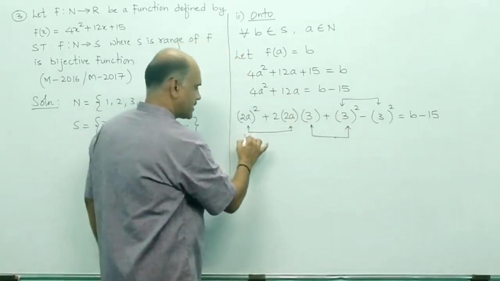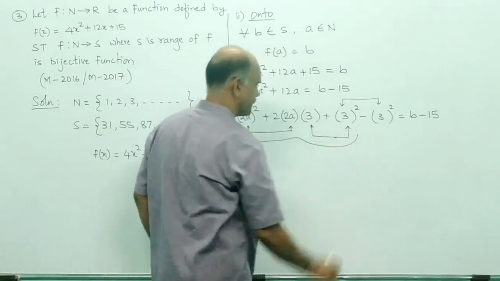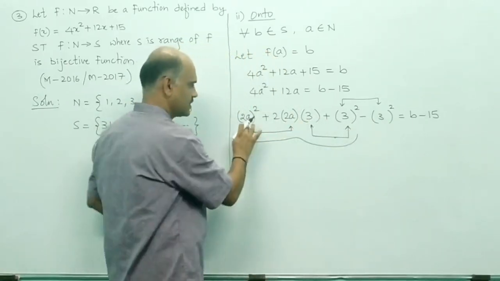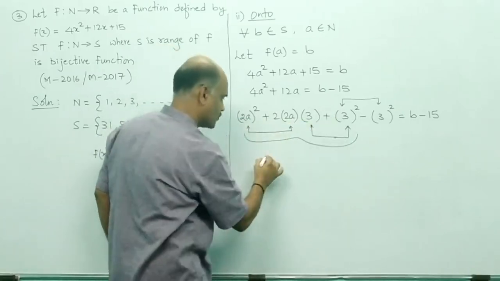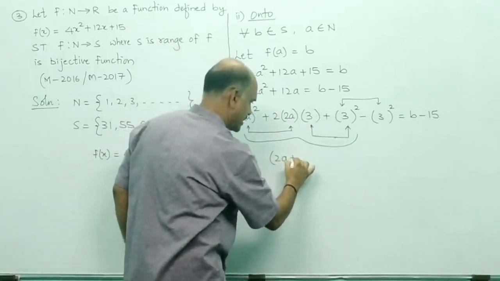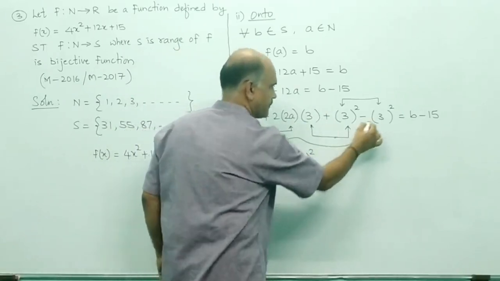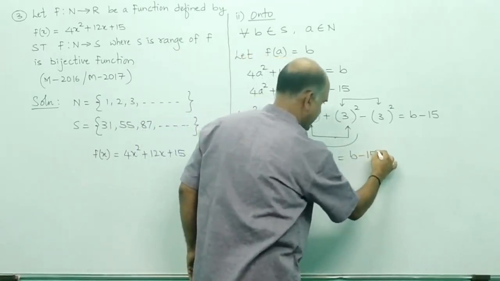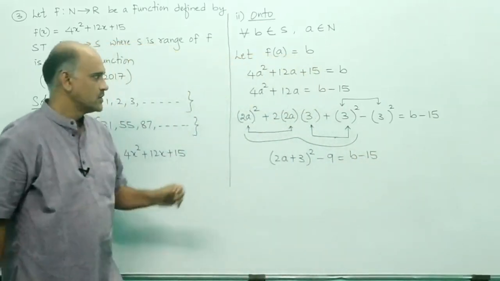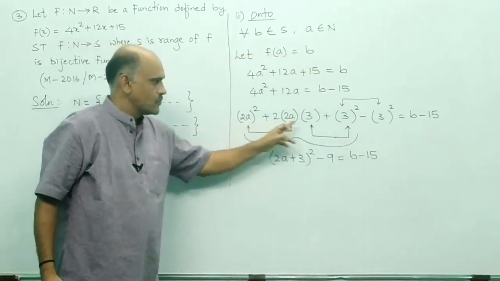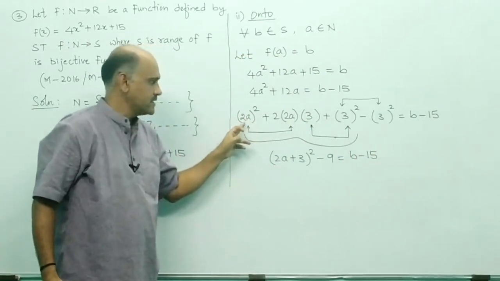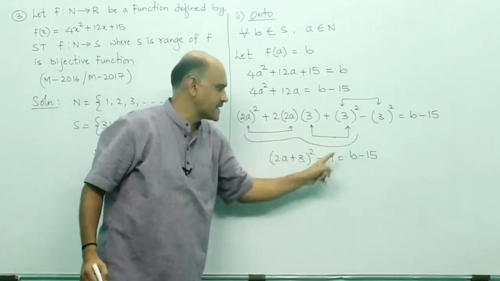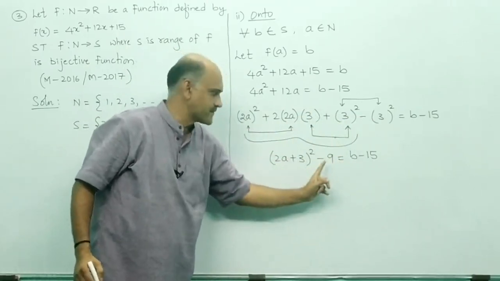Now if you take terms from here to here, this is in the form of a plus b whole square. So 2a plus 3 whole square minus 9 is equal to b minus 15. Clear students? So this whole term up till here is 2a plus 3 whole square. This minus 9 is equal to b minus 15.